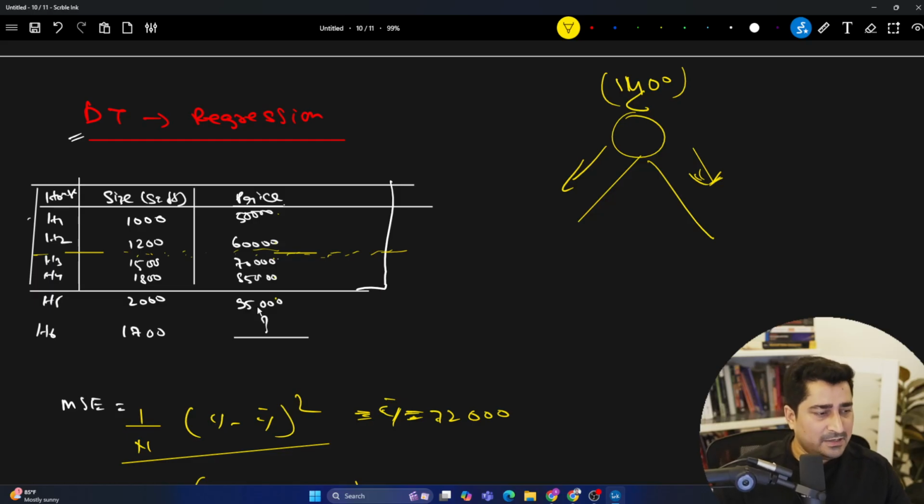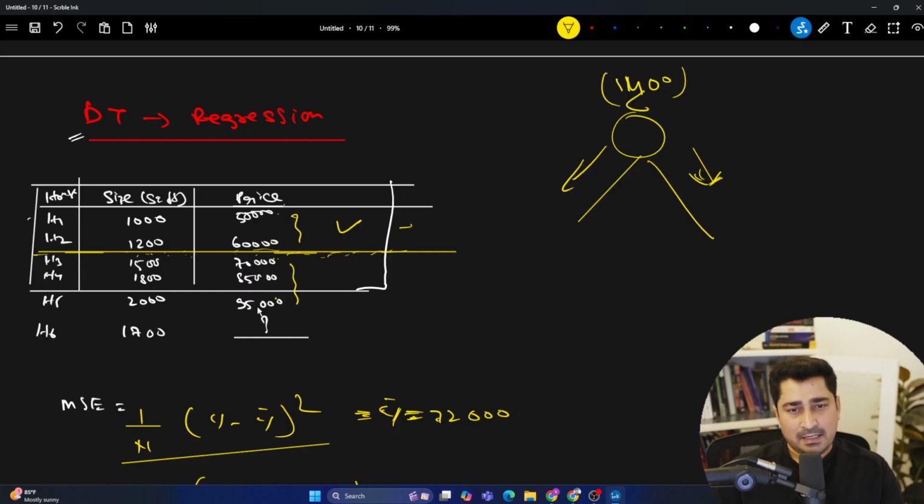So here, if I try to do such kind of things, in that case, what will happen? If I do a 1400 split, basically I'm trying to split based on this. So we will have 3 data on one side and 2 data on the other.